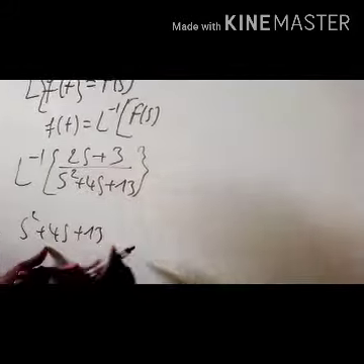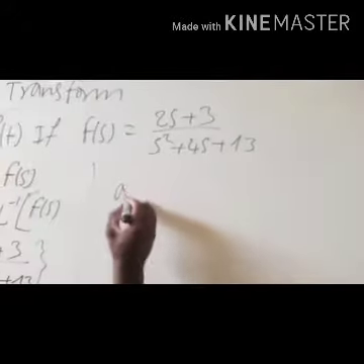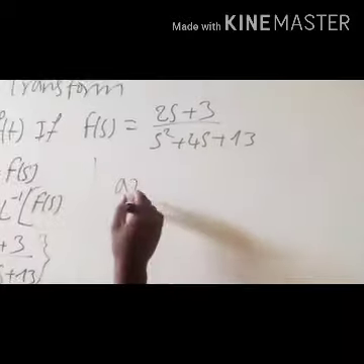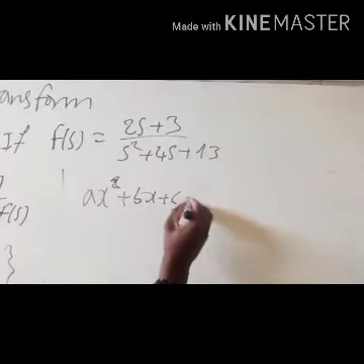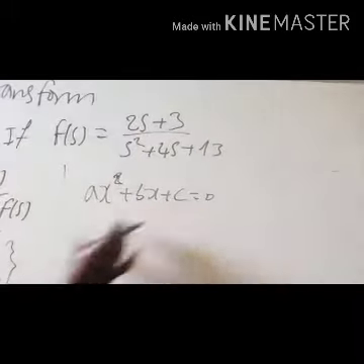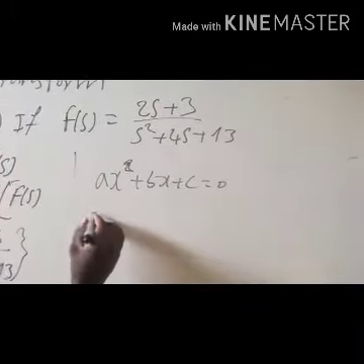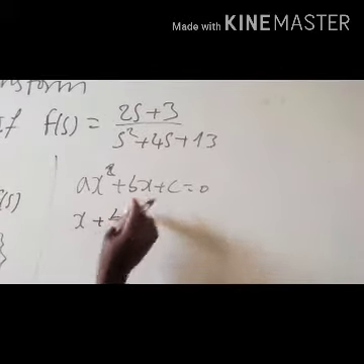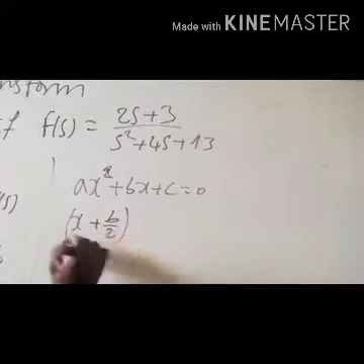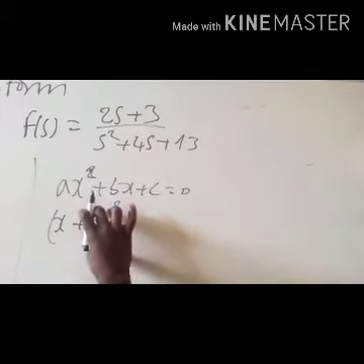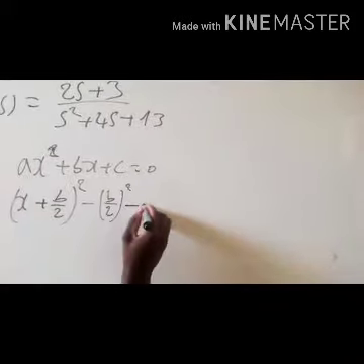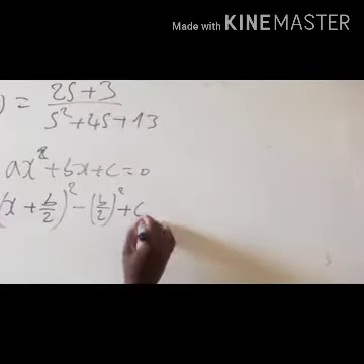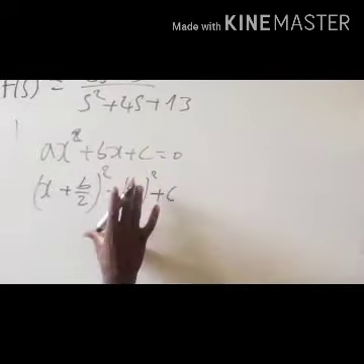We know by the general formula that for, for example, x squared plus bx plus c equal to 0, for transforming into the form we get x plus b over 2, power 2, minus b over 2 squared, plus c. This is the form for transforming.